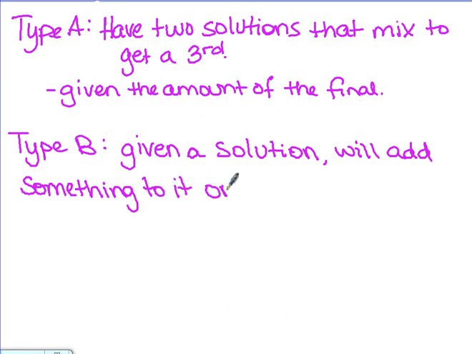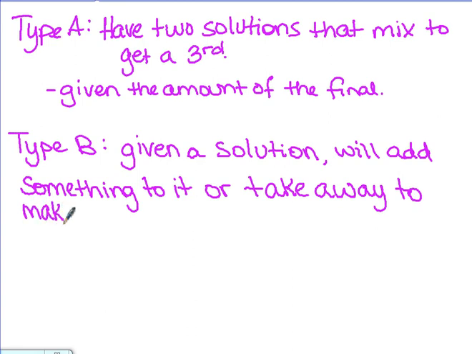So we're given a solution, we're going to either add to it or we're going to take away.